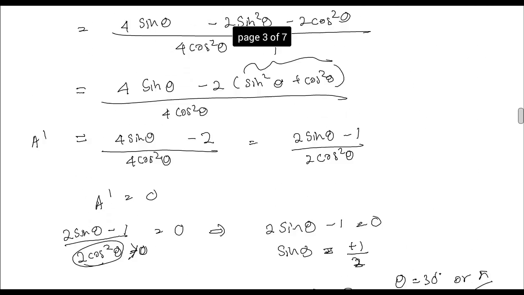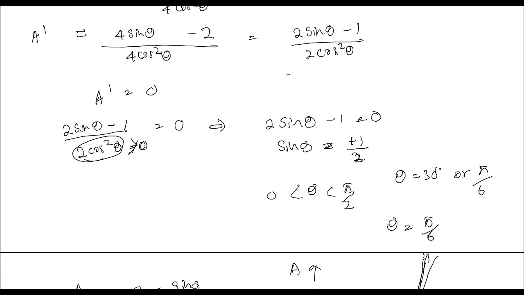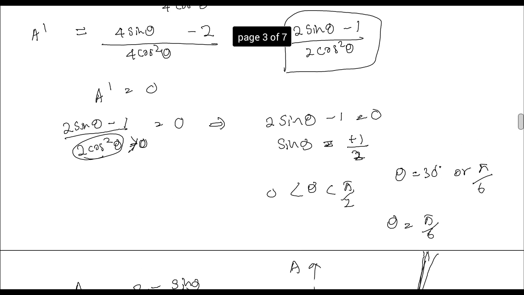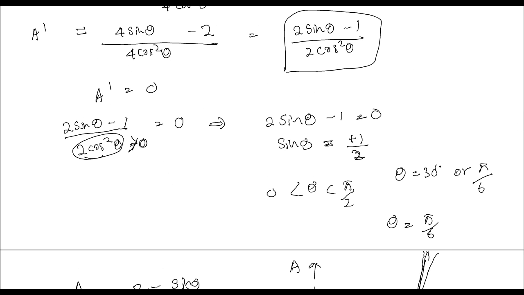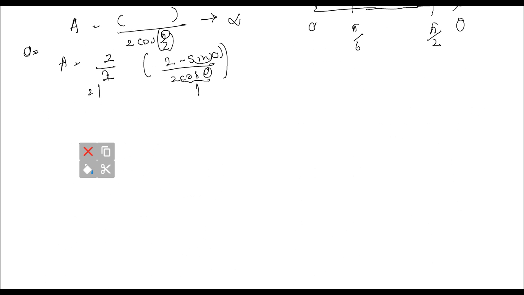You find your A dash, which is this. You need to differentiate it again, which means let me copy this and then paste it. Doesn't work like that.